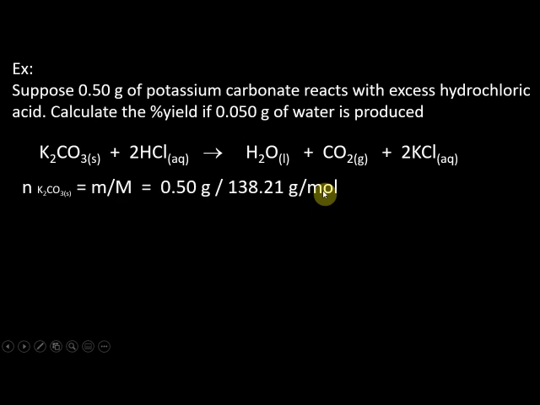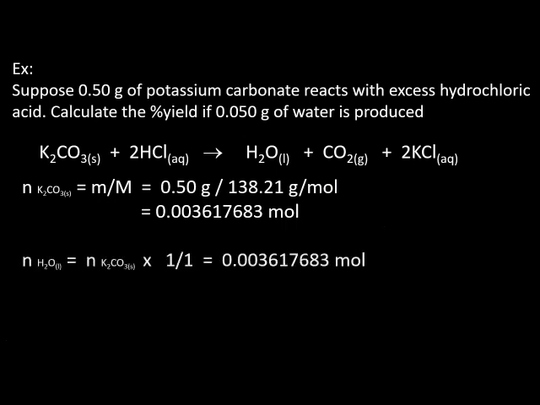Okay, here we go. So first of all, number of moles of the potassium carbonate. Mass divided by molar mass, we calculate 0.036 and a bunch of decimal places moles. Theoretically, using our 1-to-1 ratio, we should get the same number of moles of water.